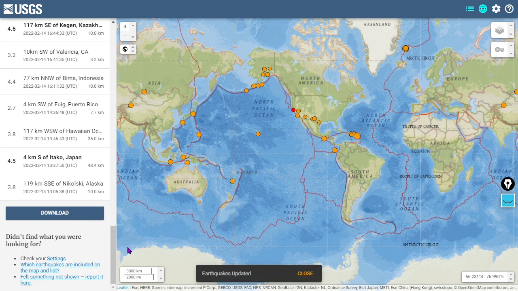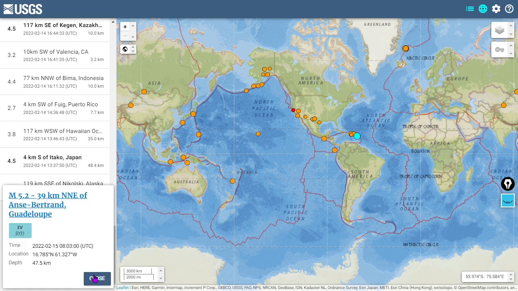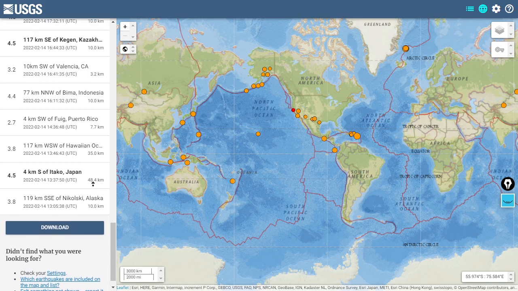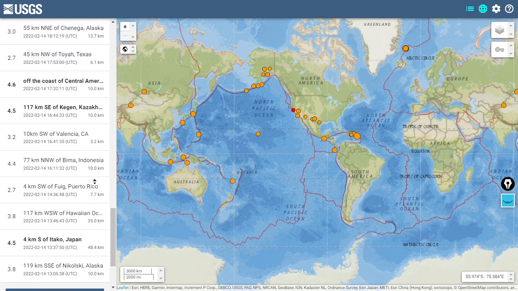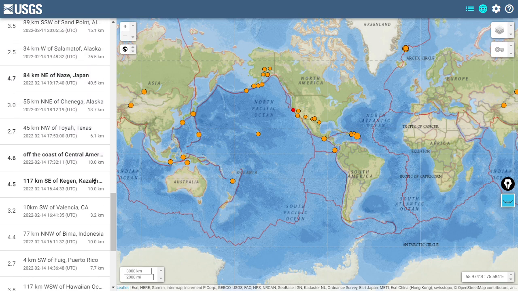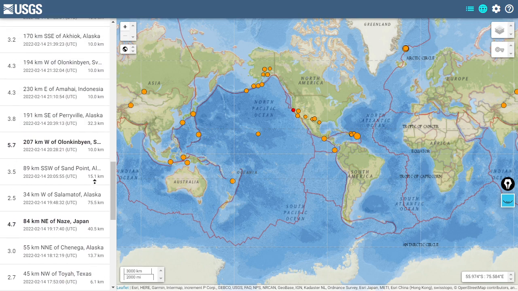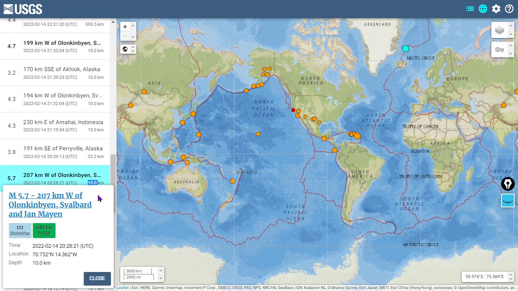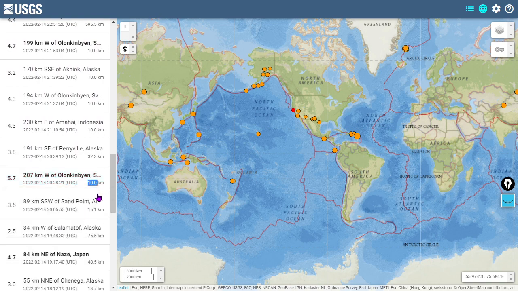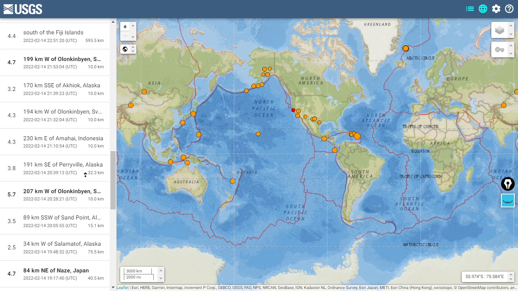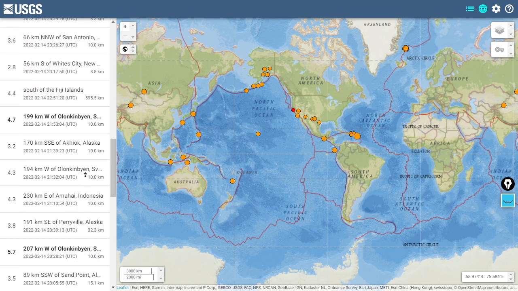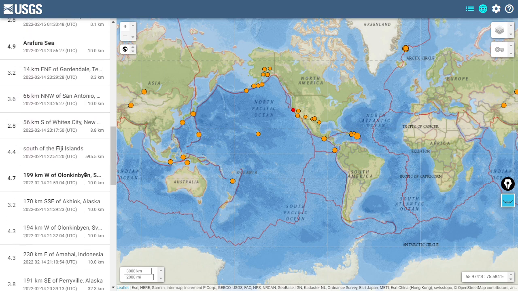A bunch of quakes across the U.S. Southwest and even into Texas. Also some Caribbean quakes showing up there. And let's just scroll up the list. So nothing over a 6 magnitude for the past 24 hours. That 5.7 near Greenland came in at 2028 Universal Time, just before 8:30 Greenwich Mean Time.